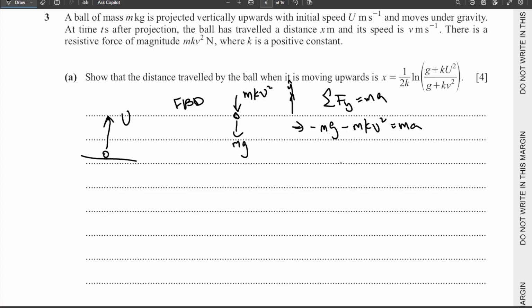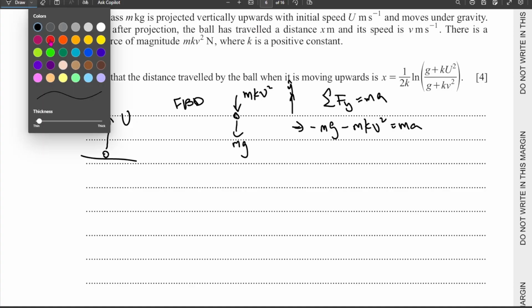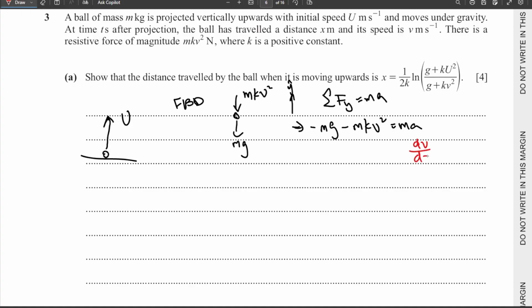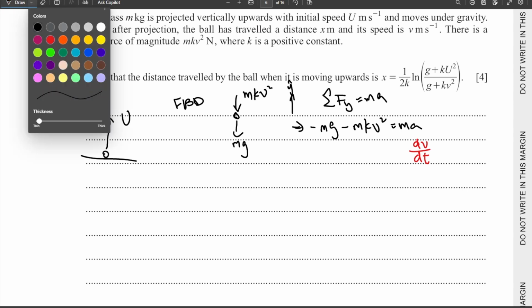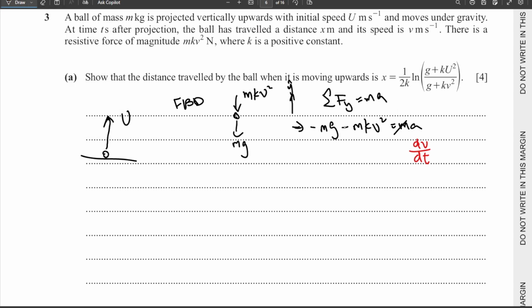All the m cancel out, and if you recall from kinematics, a can be written as dv/dt, the change of velocity with respect to time. I'll cancel out all the m here. We get this expression with dv/dt and v, but we want to get the distance x, and there's no variable relating that.